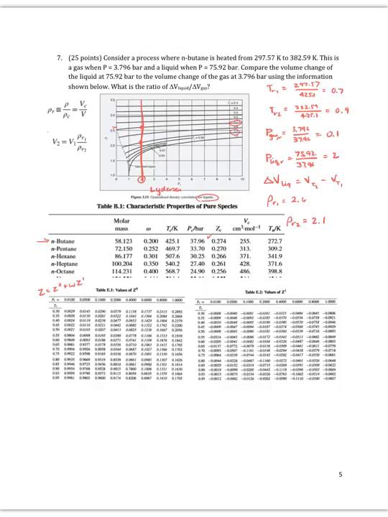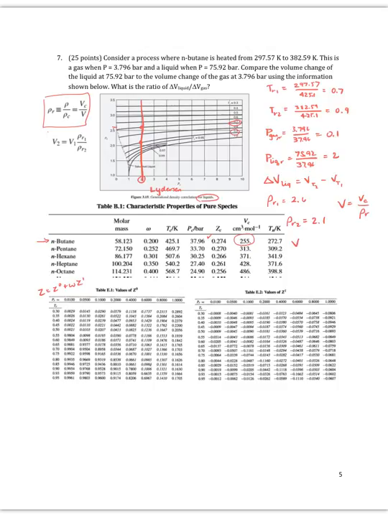Now if we use these definitions, you can do it various ways, but probably the easiest is to use this. So V is going to be V sub C over this reduced value of density. And V sub C is, in this case, 255.